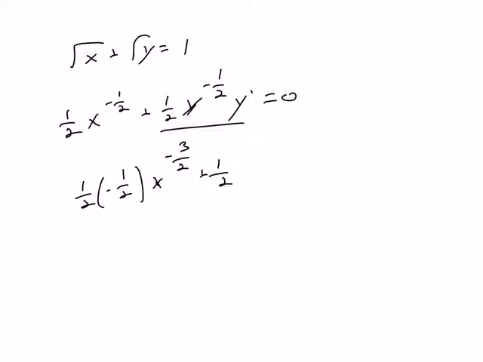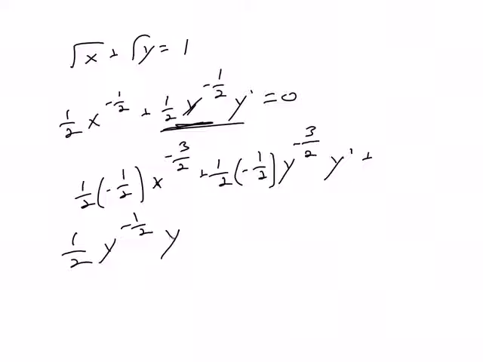It's going to be a half times negative a half y to the negative 3 over 2. That's the derivative of this, so y prime plus, then keeping this the same, a half y to the negative a half. And then we're going to have y double prime. This is equal to 0.